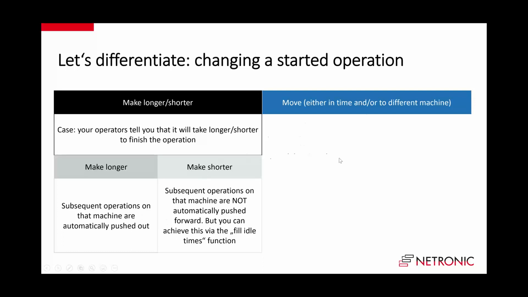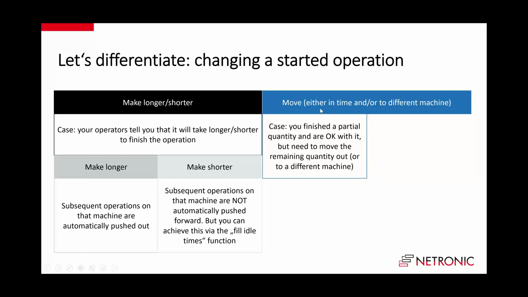In this case, it is the opposite. In this flavor where we want to move, we have two cases. The one case is we finished the partial quantity and want to move the remaining quantity out or to a different machine.